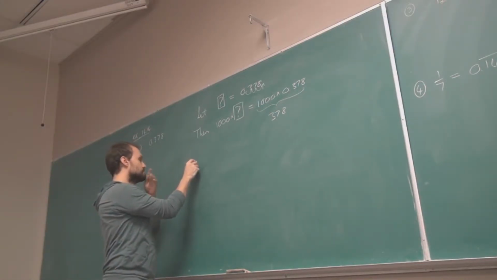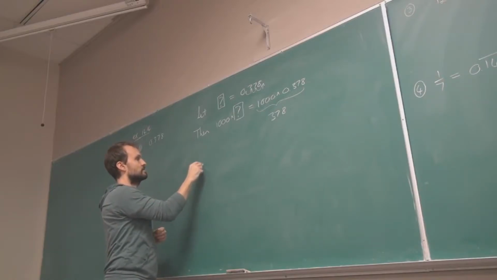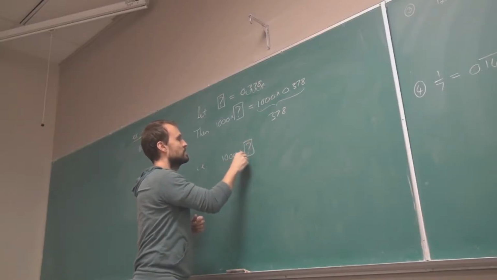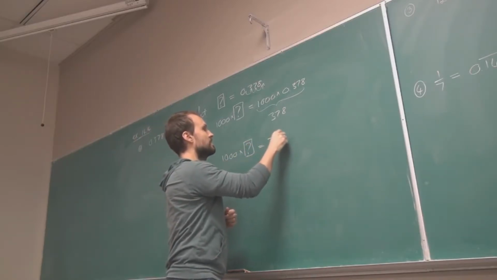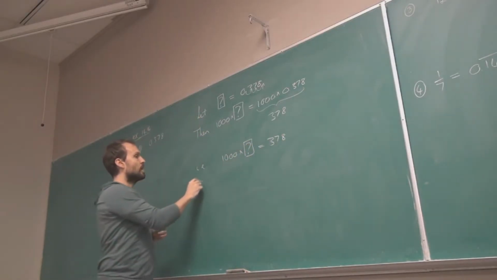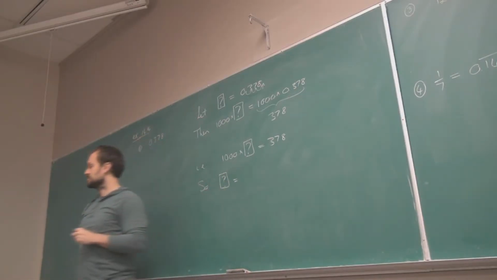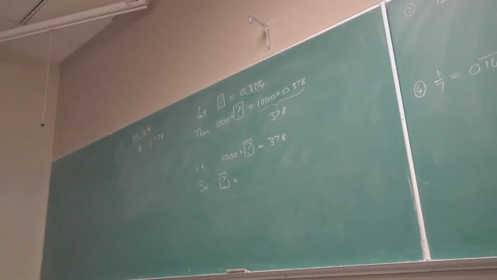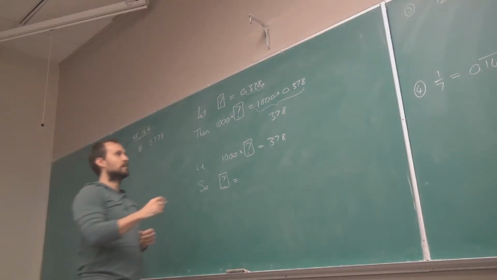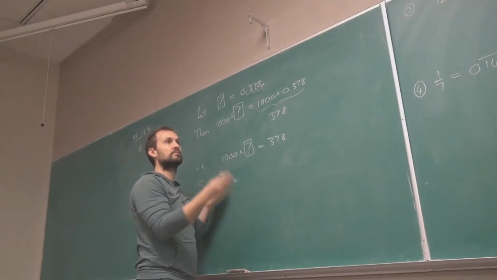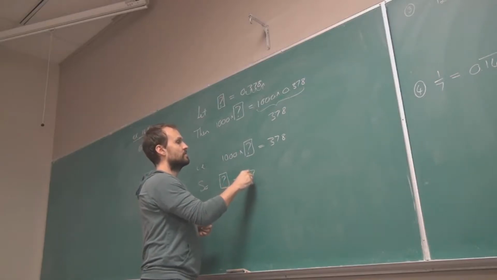So, let me just write it again. 1,000 times question mark is 378. What is a single question mark? What do I do, rather? I have to divide it. Because, remember last time, a multiplication sentence can be converted to a division sentence.